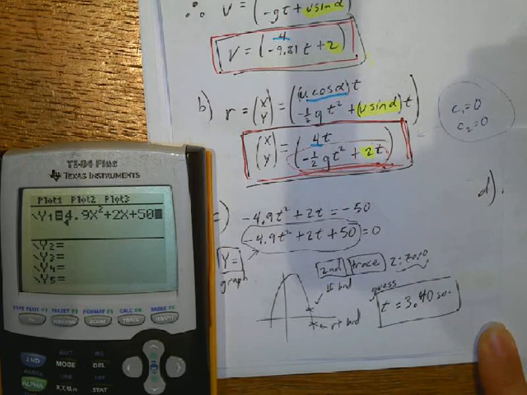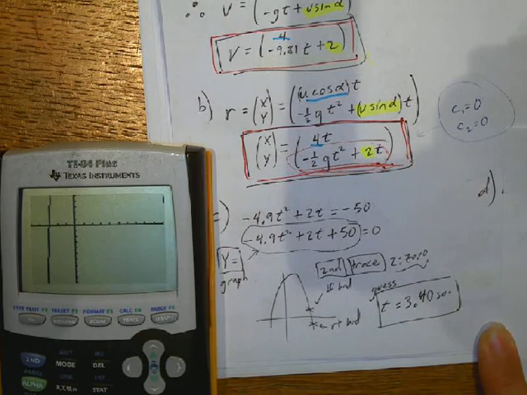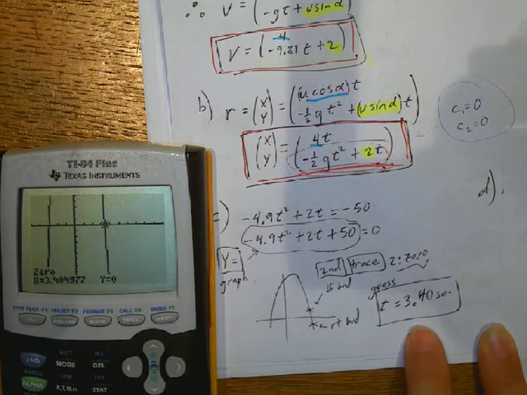Second trace, 0. And we want to find this place over here. Left bound, right bound, and it's 3.4, as you can see.